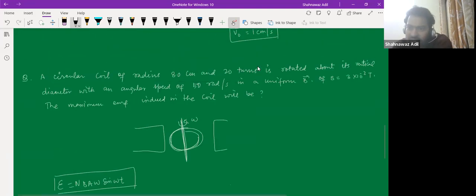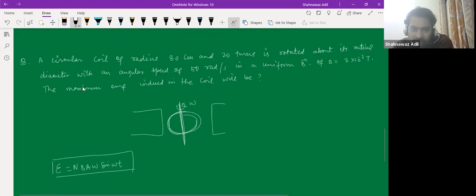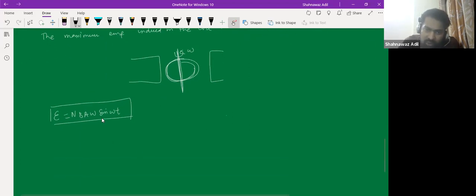Now they are saying that EMF is maximum. So if EMF is maximum, what would be the sine omega t? What is the maximum value of sine theta?